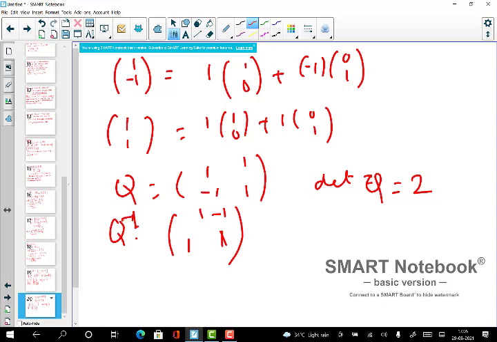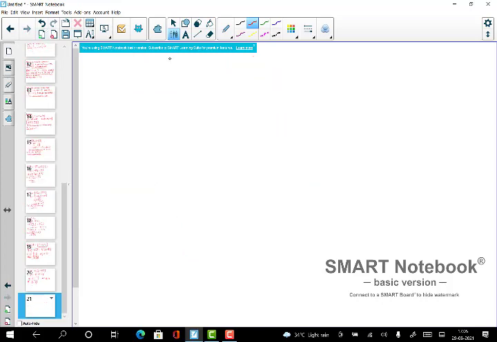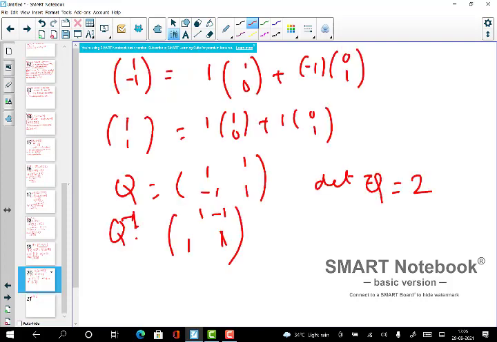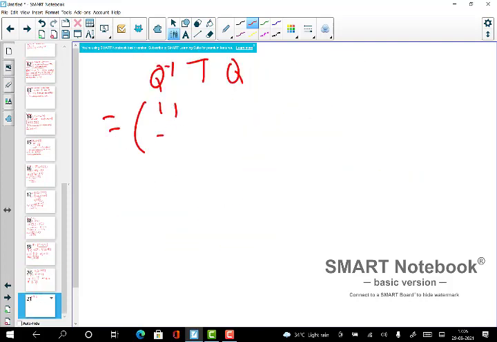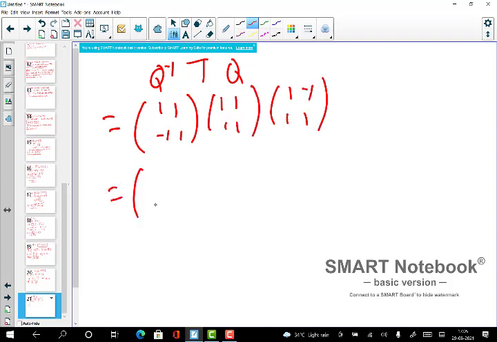Now to multiply this by the given matrix T, Q inverse T Q, what happens? So Q inverse T Q is the product of these three matrices.